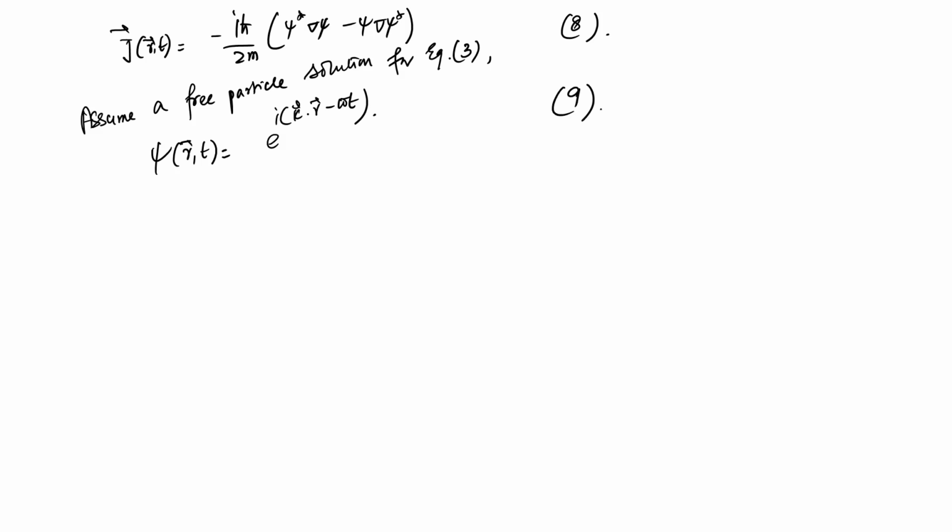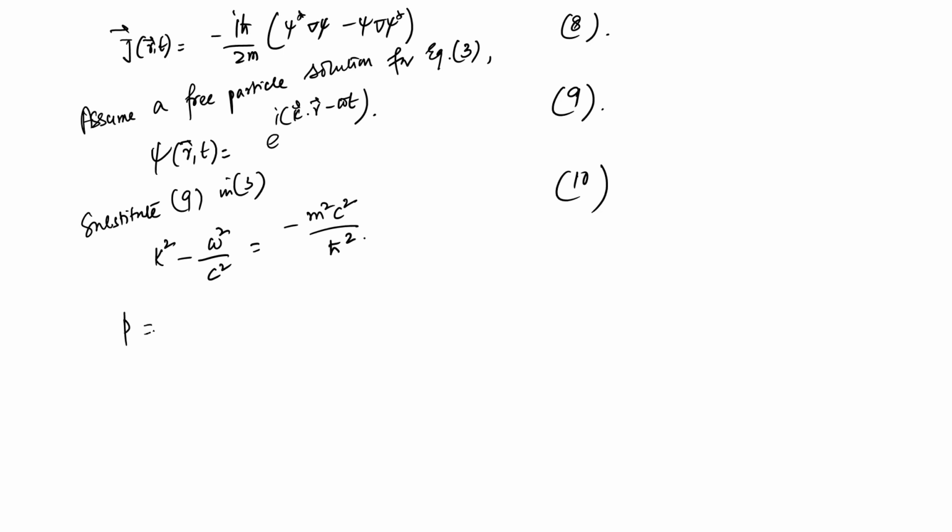Let us call this equation 9, and if you substitute 9 into 3, that is the ansatz solution, what you get is basically k squared minus omega squared by c squared equal to minus m squared c squared divided by h cross squared. Let us call this 10.